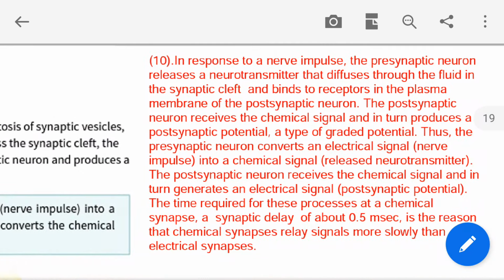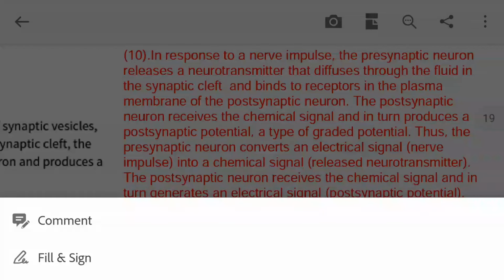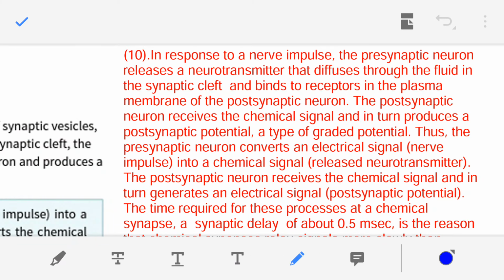In response to the nerve impulse, when the nerve impulse travels through the presynaptic neuron and reaches the end of the axon terminal, the synaptic end bulb, the presynaptic neuron releases a neurotransmitter.